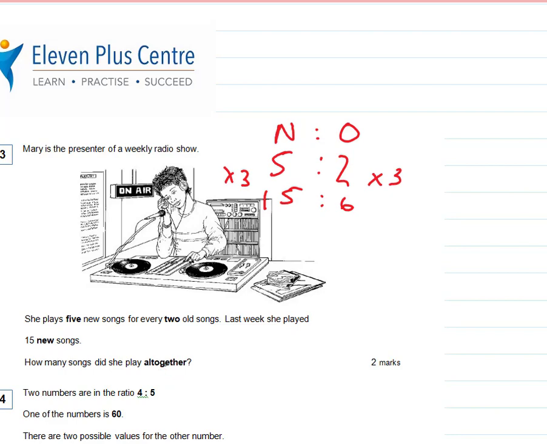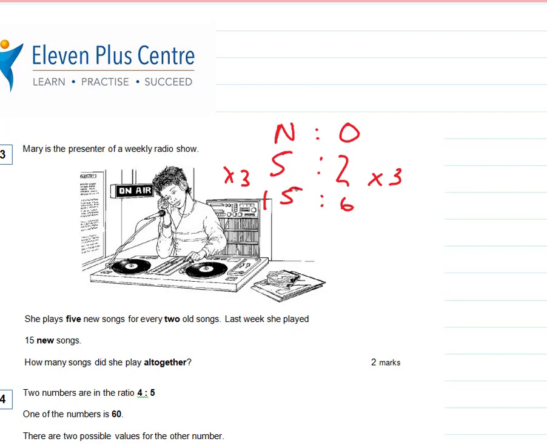But the question is a bit of a tricky question, and the examiners have made this in bold, because what most people did in the test is they wrote the answer 6. They weren't reading the question properly. You're not just going to find the answer to this ratio. You're going to find the answer to the question. The question is, how many songs did she play altogether?